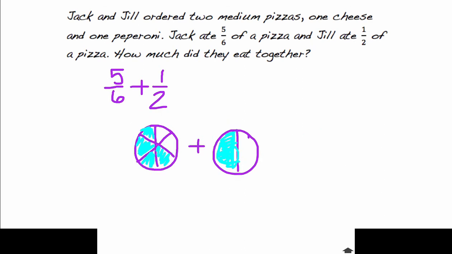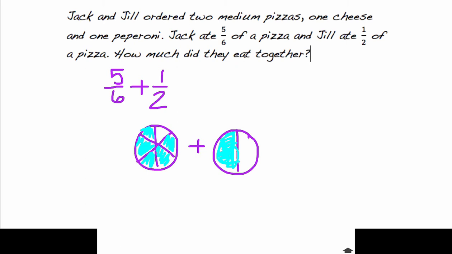Now I want to look at a second way to solve this same picture problem. So I have the 5 of the 6 pieces that Jack ate, and I have the 1/2 of the pizza that Jill ate, still shaded in because that hasn't changed for us. Sometimes when you're working with fractions, it's not always easy to see the halves like we just looked at.